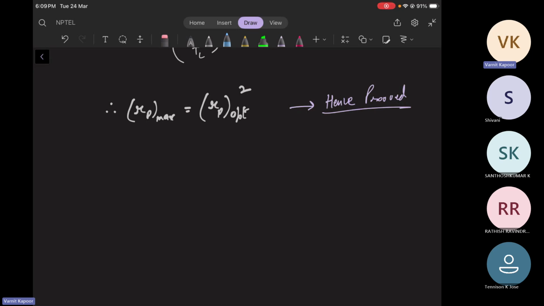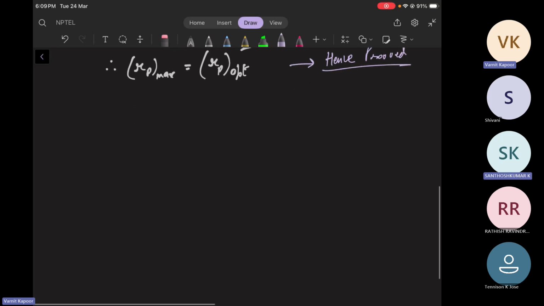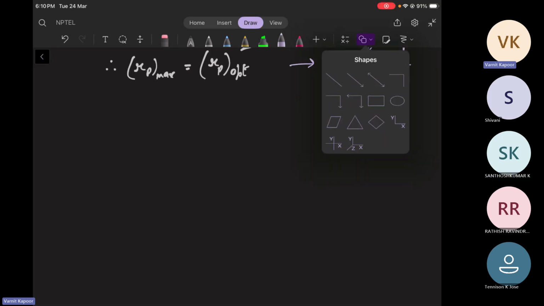Can anyone confirm? Any doubts here or no doubts? So we can proceed. Santosh, any doubts? No, sir, no doubt. Okay, all right. If any doubt, I will ask in between the class, sir. Okay.